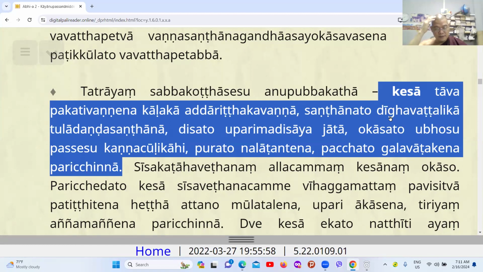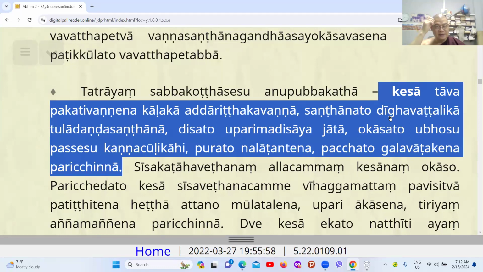Allacammakesanam okaso, so the scalp is also wet, the place of the hair is the wet scalp. Now the kesa has its place in the wet scalp of the head. It is like the tip of a paddy grain entering the scale about the tip of the paddy, but not going below.